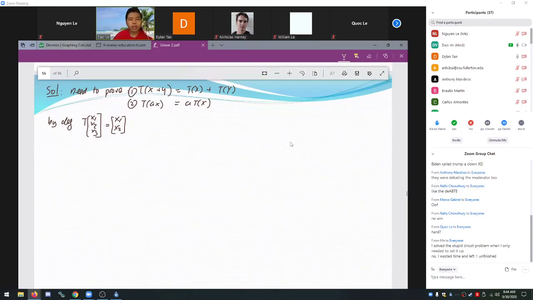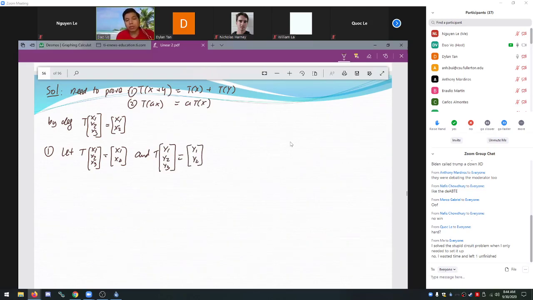So when you look at this, number one, we let T of x1, x2, x3 equal x1, x2, and T of y1, y2, y3 equal y1 and y2, okay, by definition.